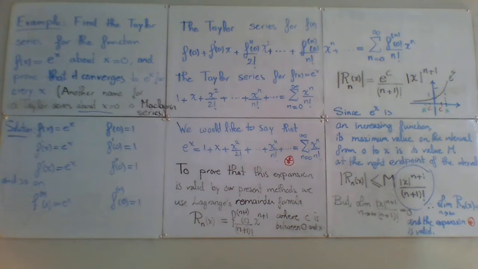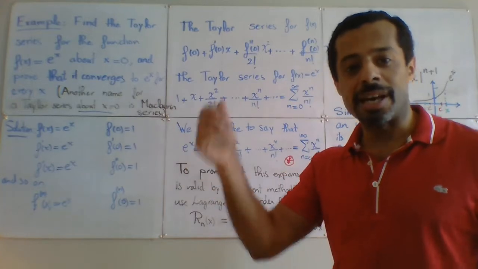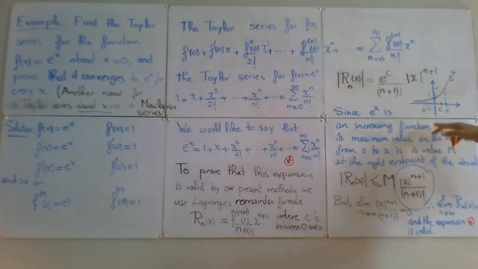It's an increasing function, so its maximum value over any interval is the value at the right endpoint of that interval. So whether x is positive or negative, and again x is fixed, e to the c cannot exceed the value of e to the x at the right endpoint. That right endpoint could be 0 if x is negative, so the maximum value would be 1, or it could be e to the x itself.